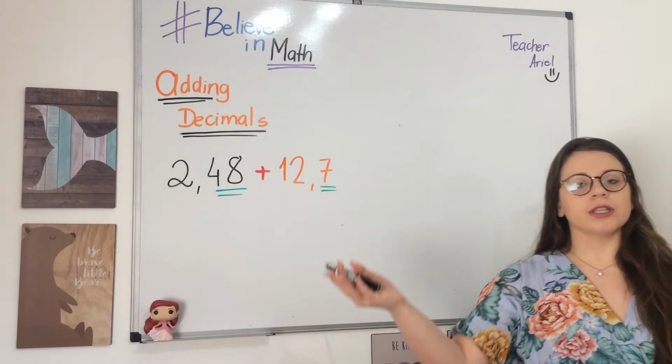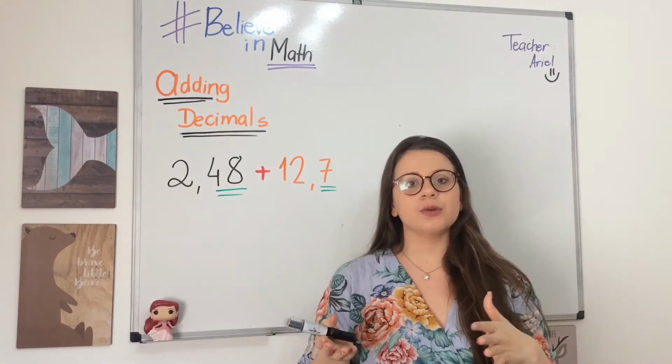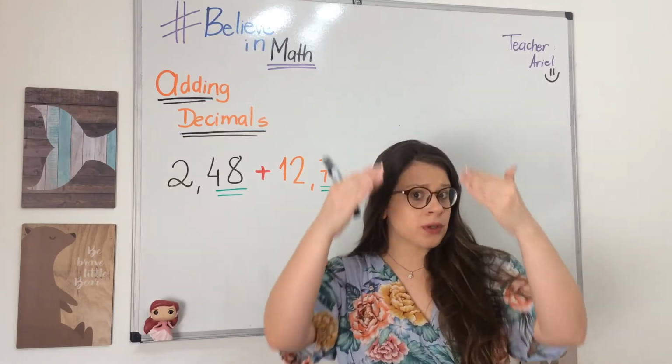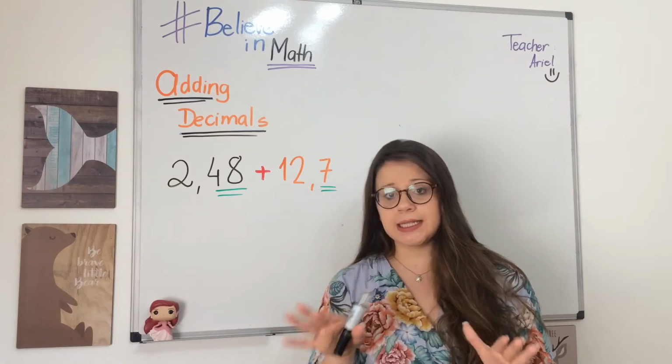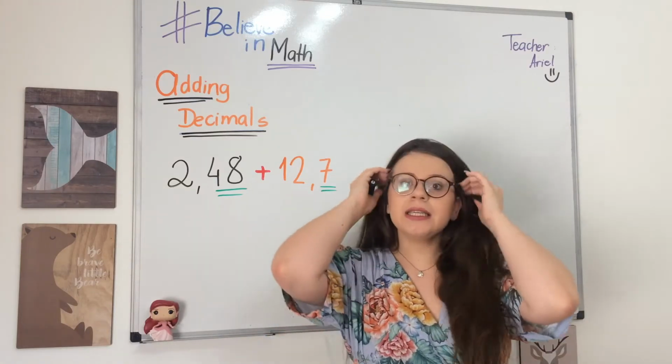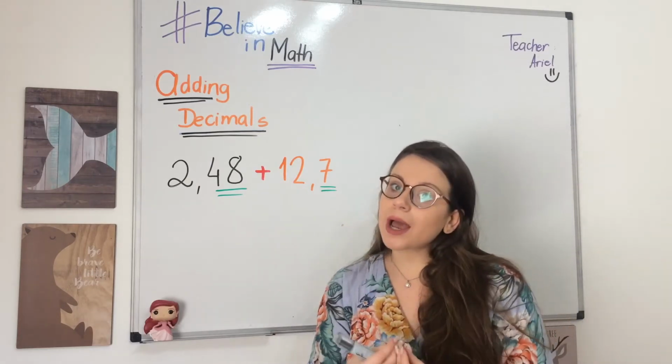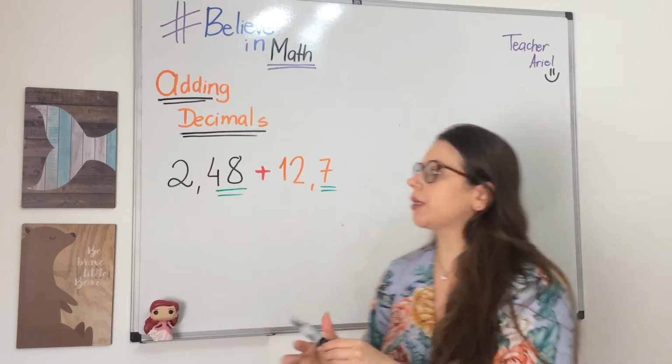There are of course more than two strategies, but I'm gonna show you two strategies today. For me, the vertical strategy is the easier one because it is the easier one to visualize where is the right place of the decimal point.